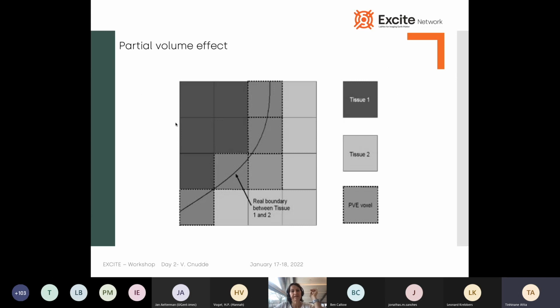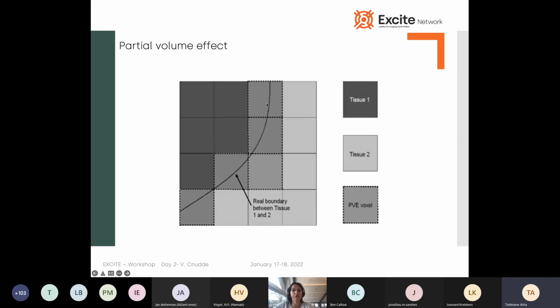And here is an example of where it is important. If you have, for instance, your grain presented here as tissue 1, and you have your pore presented here as tissue 2, when you are reaching the physical border between those two, what you see in your resulting voxel is a kind of average gray value, which gives a mixture of the amount of tissue 1 and tissue 2.